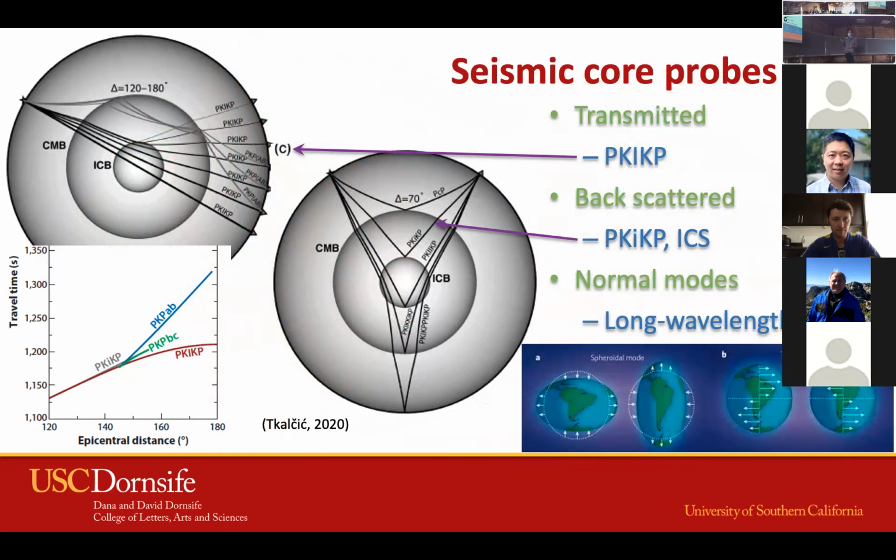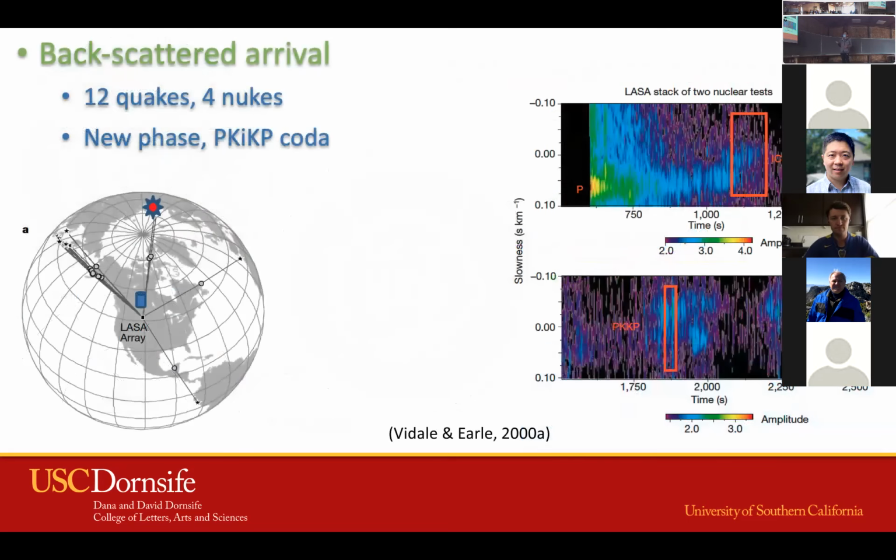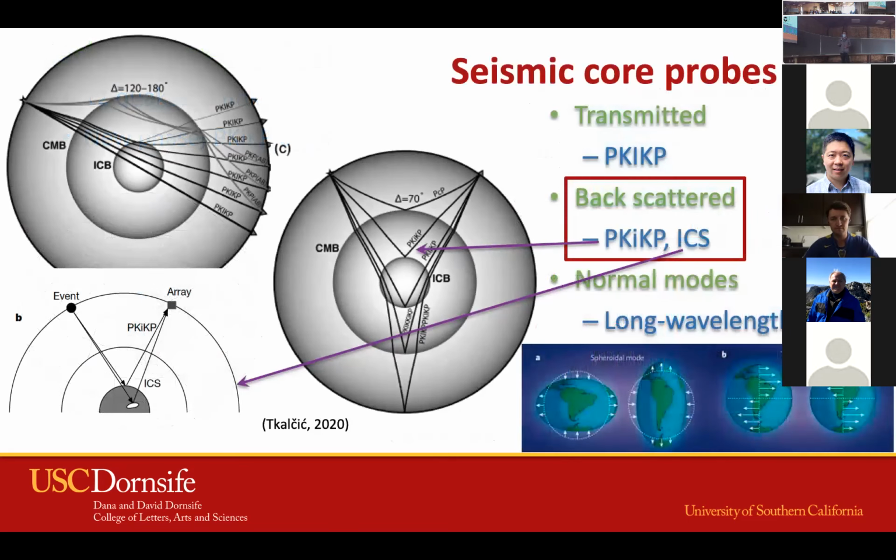One is PKiKP, which is the seismic wave bouncing back from the inner core boundary. The second is inner core scatter waves, the backscatter energy from small-scale heterogeneity within the inner core. The third is the normal mode. For this study, we will focus on these two kinds of information used to study the structure and motion of the inner core.